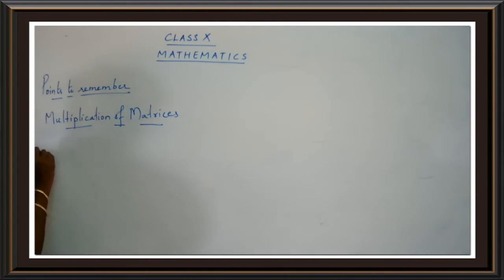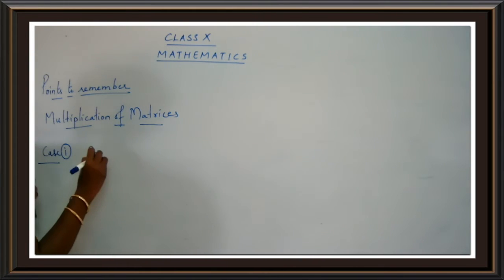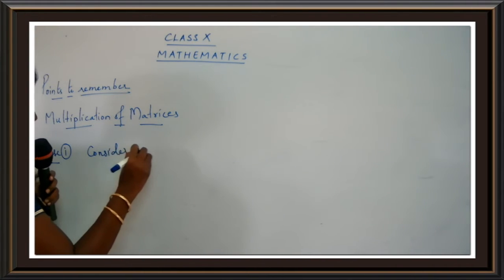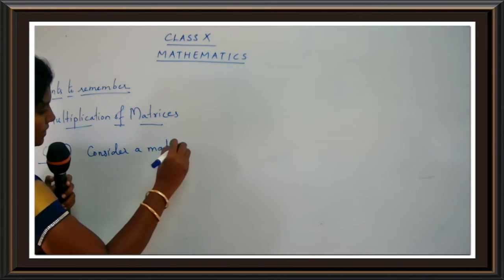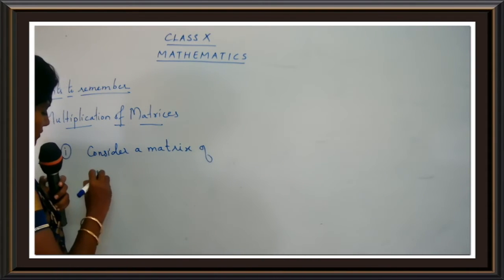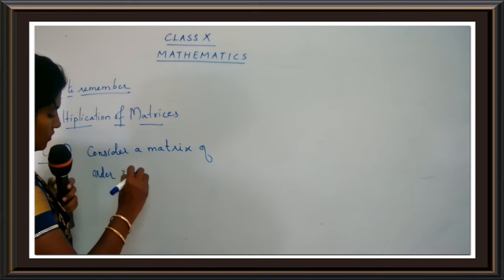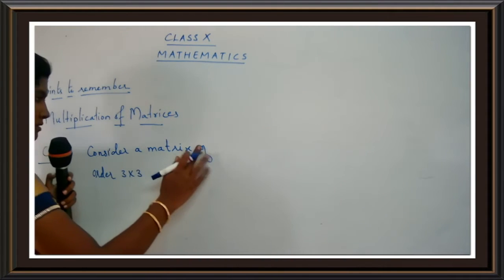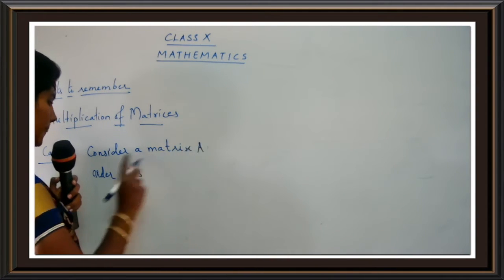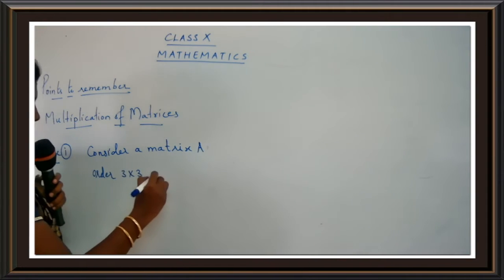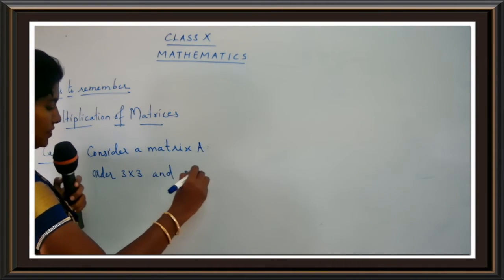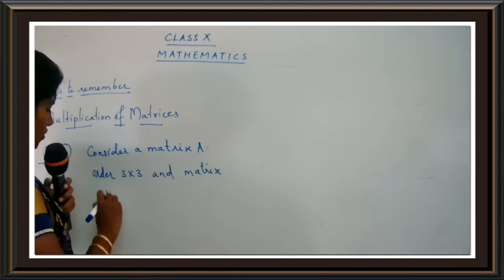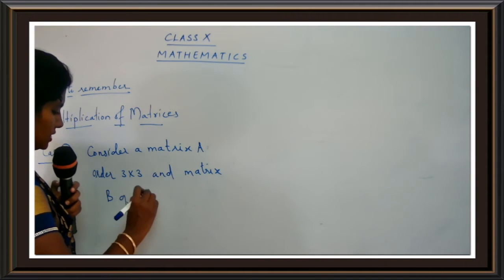Okay, so I am going to give you two cases. Case 1. Consider a matrix A of order 3 cross 3 and matrix B of order 3 cross 3.